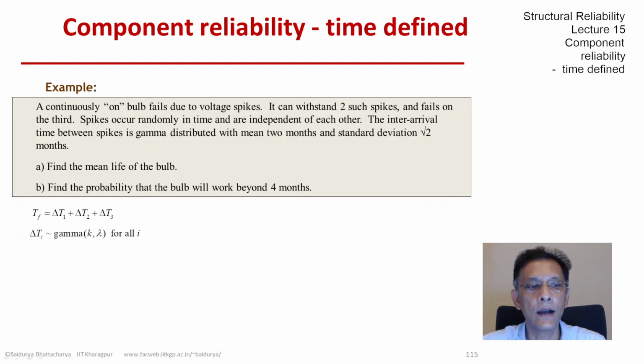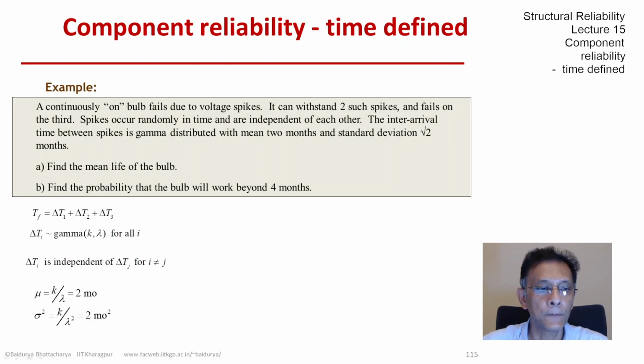So delta Ti is gamma with parameters k and lambda, and that's true for all i, with i going from 1 to 3. They are mutually independent, and for each delta T, the mean is 2 months and the variance is 2 months squared, just to be dimensionally consistent.